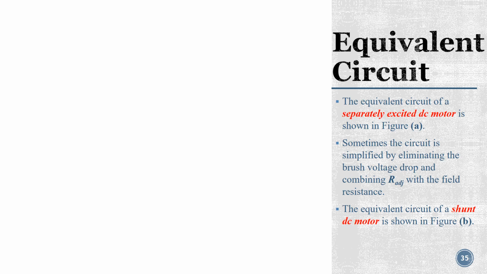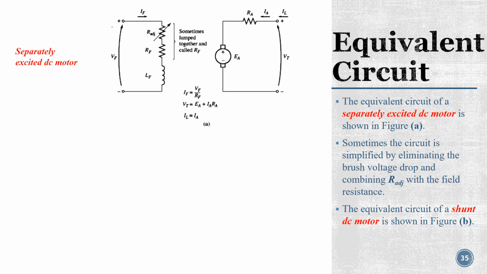Now let's see the separately excited and shunt DC motor. These are special DC motor types, and we will analyze their equivalent circuits first. As I said earlier, in the general case, if you are supplying a separate voltage supply for the field circuit and a separate one for your armature circuit, then this will be your generalized circuit model.